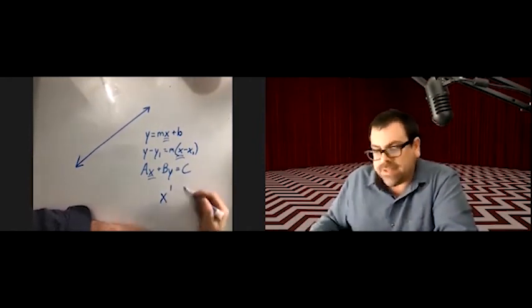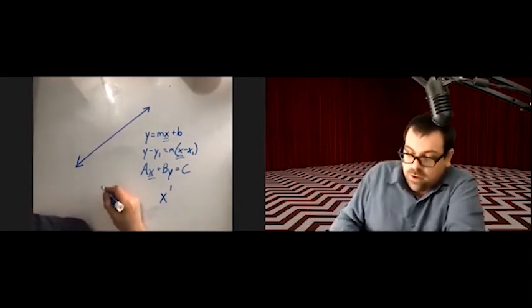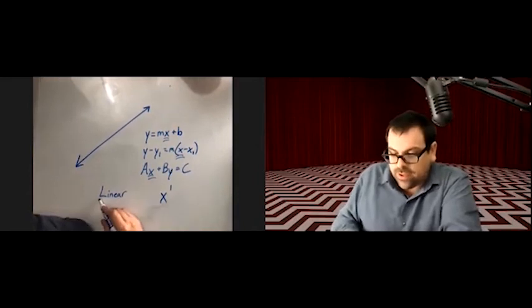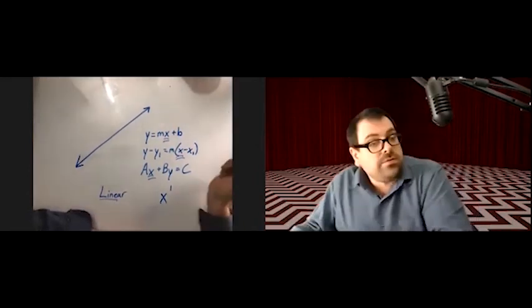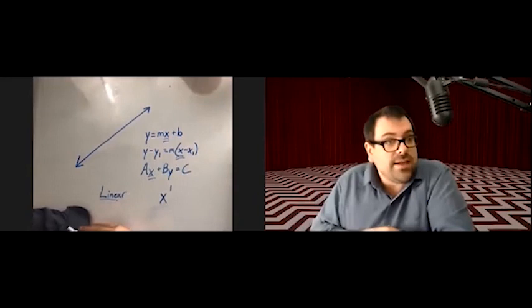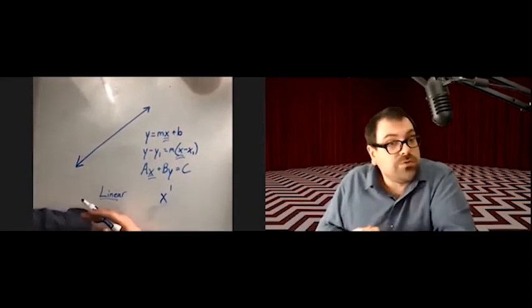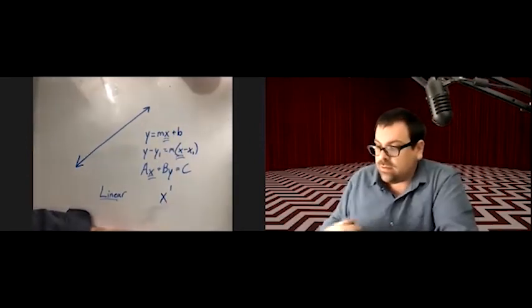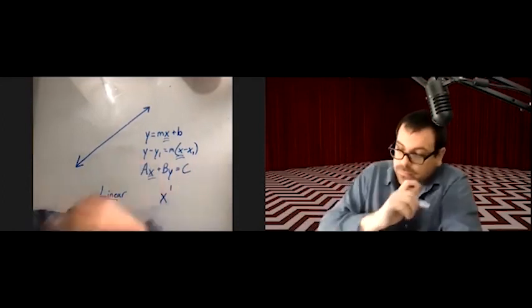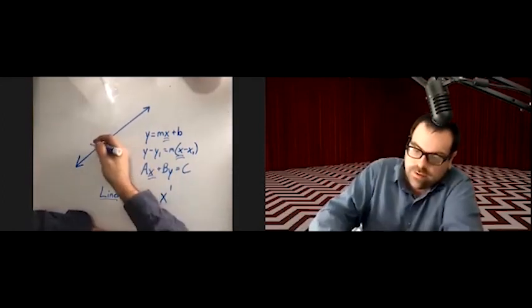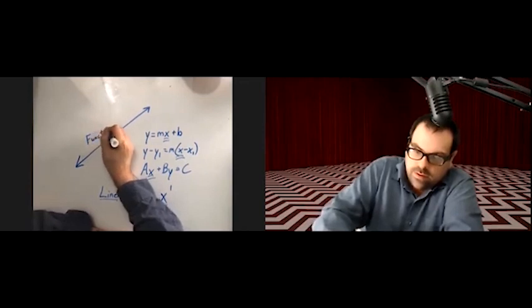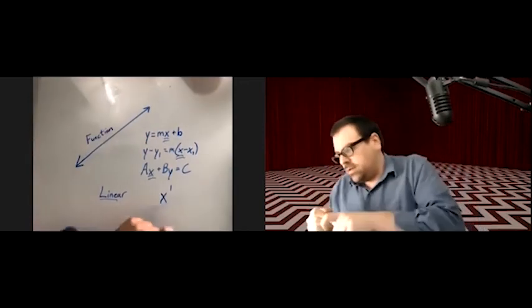And things where the x is just to the first power, we call linear, and linear functions graph as lines. I use the word function because a line in y equals mx plus b form or any other form is going to be a function.